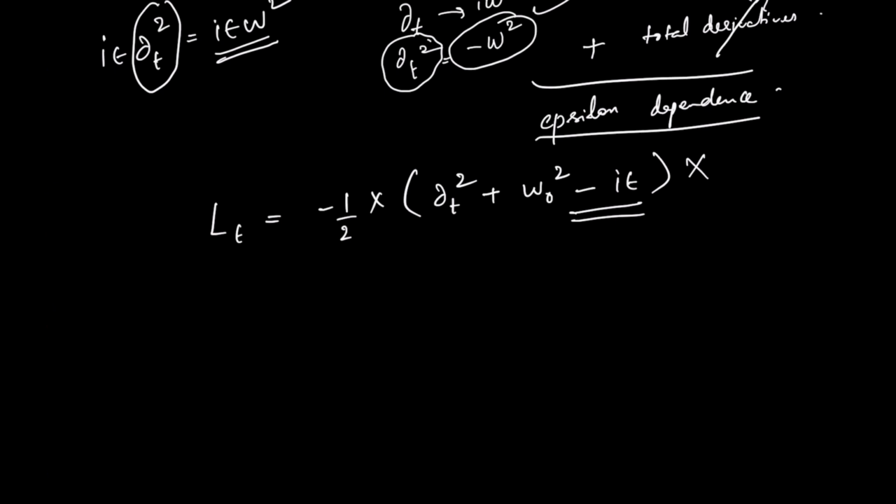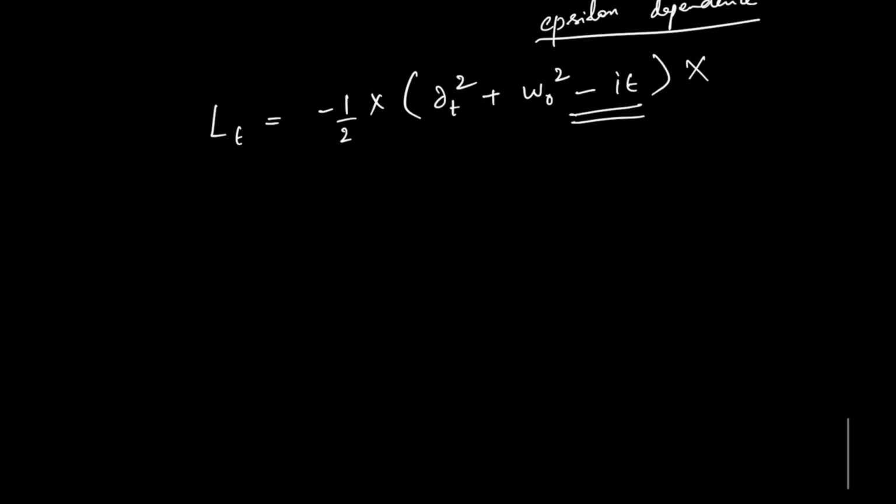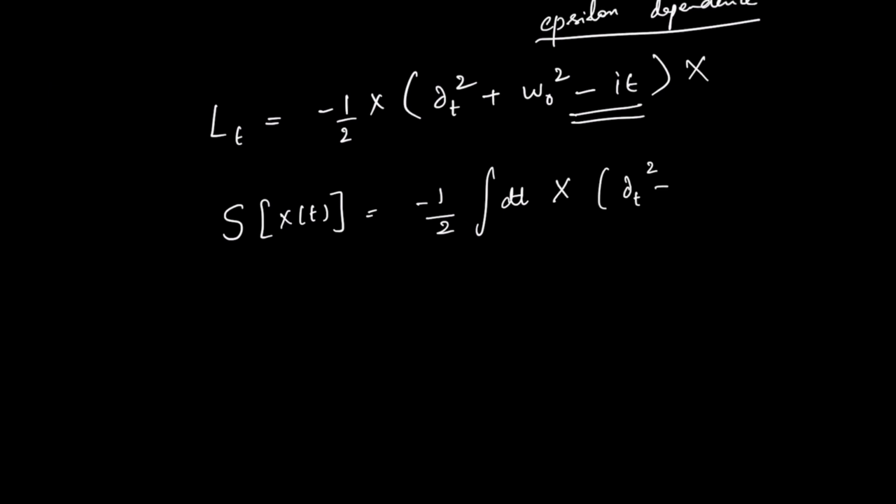Once I have modified the Hamiltonian and the Lagrangian, the action S of x of t is equal to minus half integral dt x (partial t square plus omega naught square minus i epsilon) x, right? Now I have to insert the delta function.